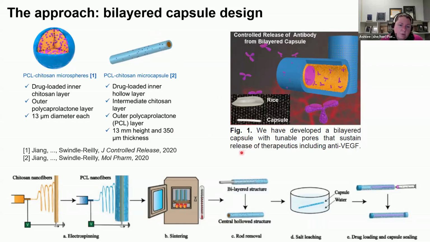And these are composed of layers that are formed by electrospinning around a metal rod. So they spin them around like cotton candy, and then put a second layer on that's hard to penetrate or slows the release. And they remove this polymer from the rod, and then that interior is hollow, and they can load the entire interior with drug molecules, and then they cap the ends, generally by heating the ends to melt them together.